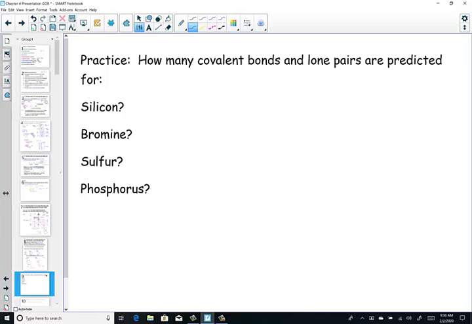So what does this mean? Can we apply a periodic trend to determine how many bonds and how many lone pairs are predicted for these examples? I want you to find the group number they live in and represent their Lewis dot.